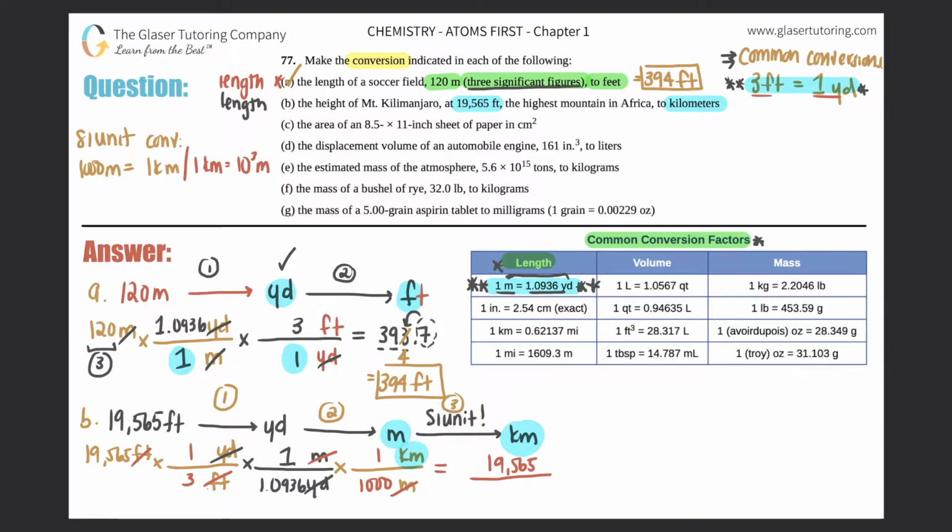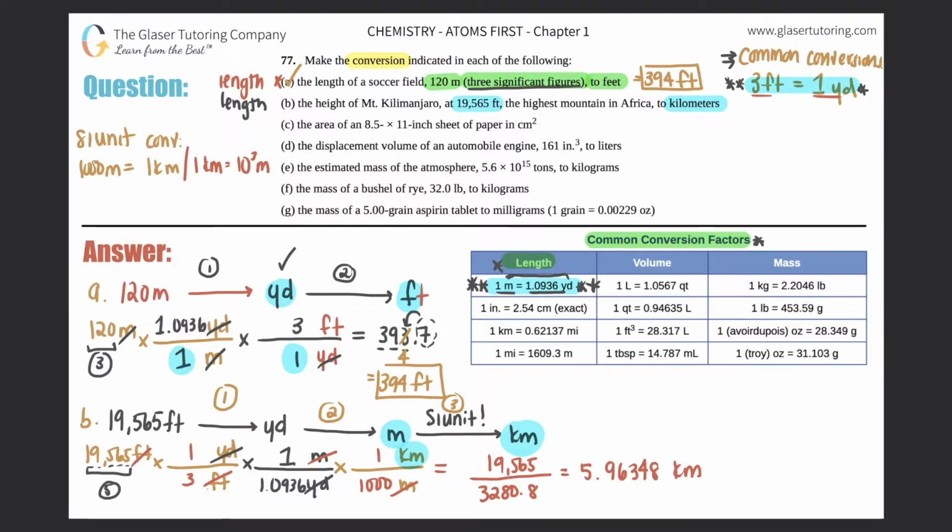is 3,280.8. Now we just got to do the division. So 19,565 divided by that number. So I get 5.96348. And that would be unit in kilometer. But now we just got to give the correct sig figs. There were 5 sig figs in this question.